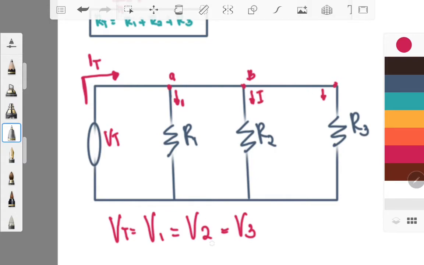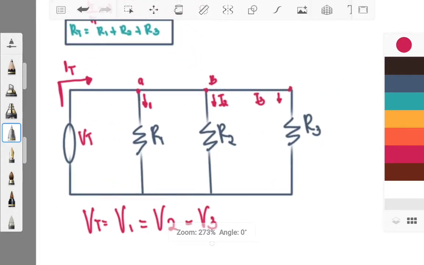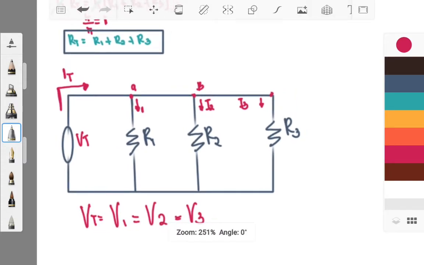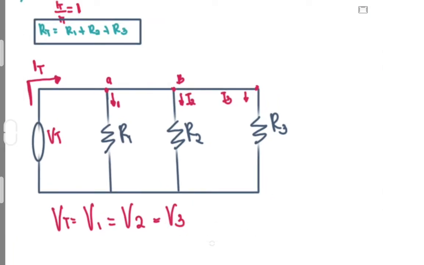I1, I2, and I3. Okay, pwede kahit ilang resistance siya. This will be the scenario. I total will be equal to your I1 plus I2 plus I3. So, how will we solve it then? By using the principle of your Kirchhoff's current law.